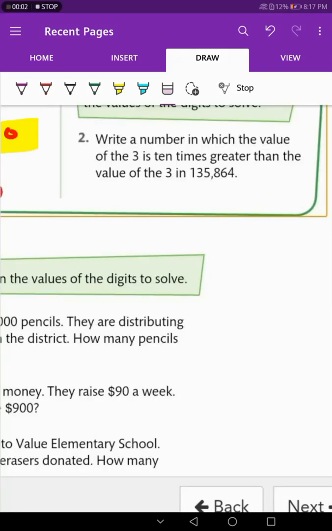Write a number in which the value of the 3 is 10 times greater than the value of the 3 in 135,864. First of all, he asked me about 3. So, go and find the value of 3. How can I find the value of 3? Bring the 3 down.